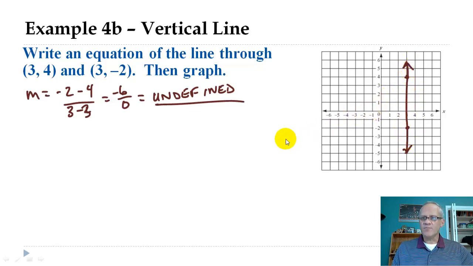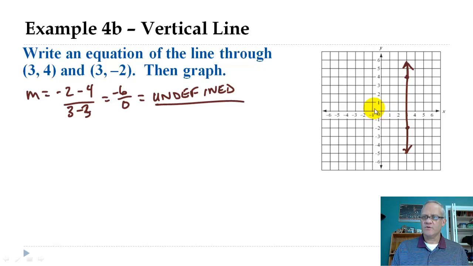Well, remember what happened on that last example, when we had a line that was straight across. The equation was y equals whatever number that was. Y equaled negative 6, or y equals 5, or y equals 2. It's a line that goes straight across because y always equals that same number. Well, if you look at some of these points here, it's exactly opposite.